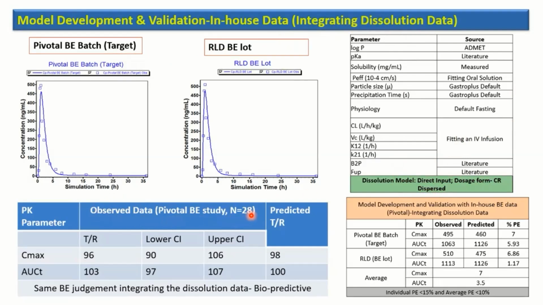This is the observed data of our pivotal biobatch, wherein the test formulation was found to be bioequivalent with the reference formulation, and this is the predicted data. So that means our dissolution method is able to conclude the same BE judgment considering the intra-subject variability and the confidence interval limit. And of course, the prediction error was less than 10%.